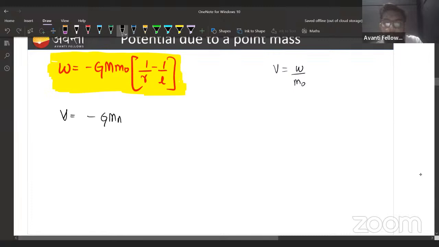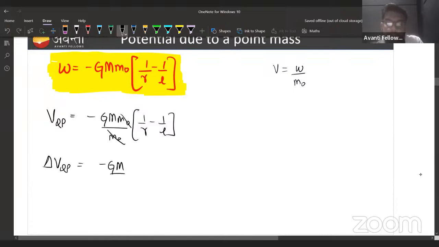G M m naught times 1 by R minus 1 by L, divided by m naught. So m naught and m naught will get cancelled out. And what is this V? Can I say V is from Q to P, right? So this is the change in potential from Q to P.